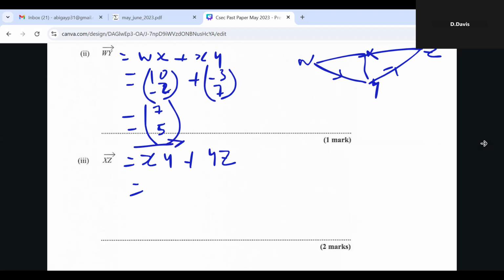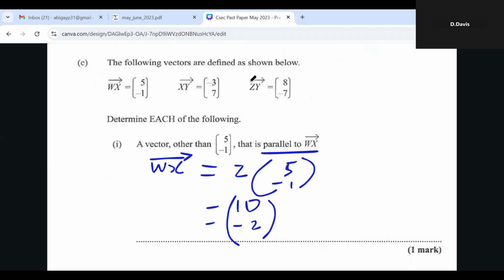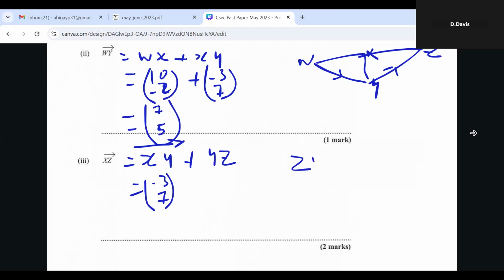We know XY was -3, 7, and we were given ZY, which was 8, -7.